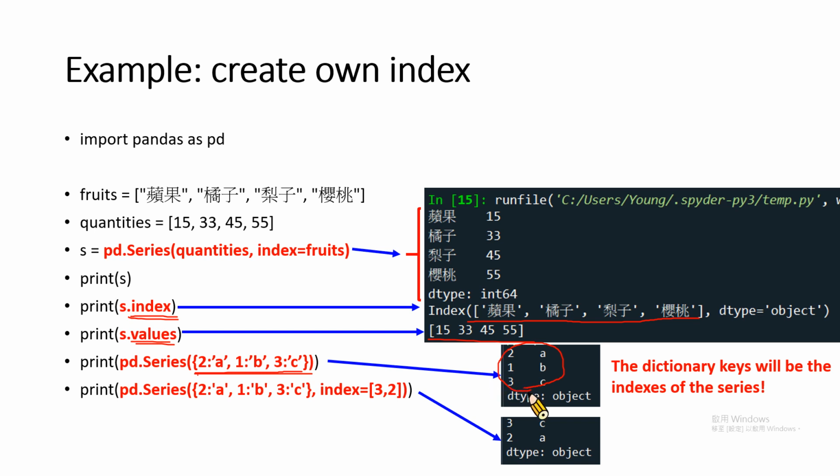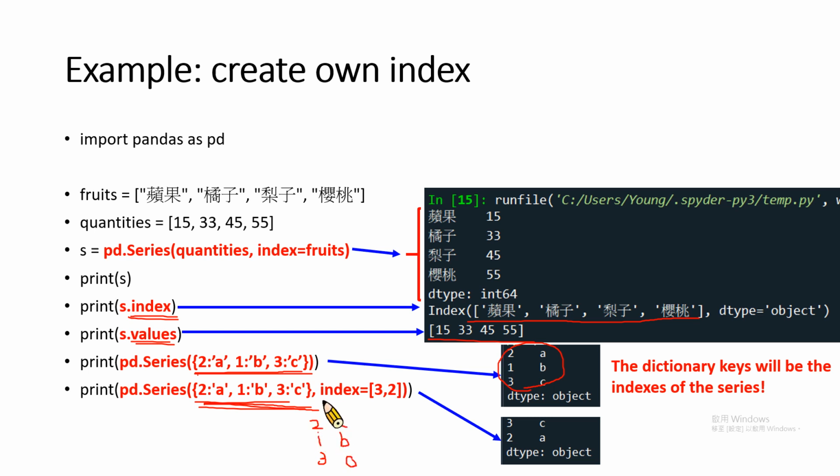They become the index of the series. Also, you can use it like that. Then you see that 2, 1, 3 are the index, and the values are A, B, C for the series.